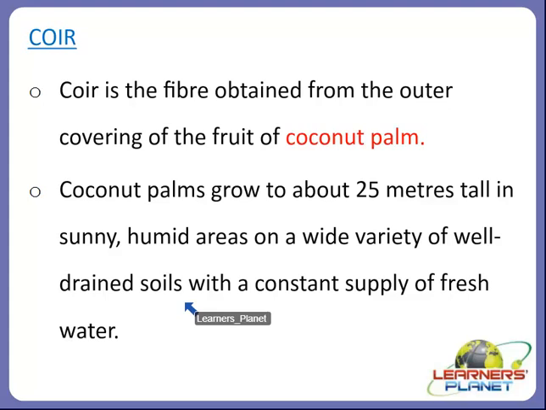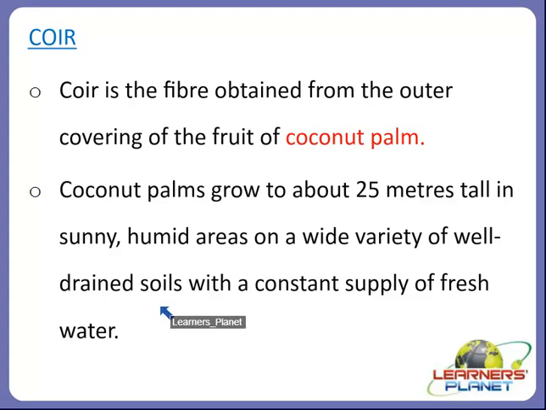Tropical countries means where there is plenty of rainfall. Or we can say tropical means the hilly regions. So it is basically grown in hilly regions where there is a constant supply of fresh water.